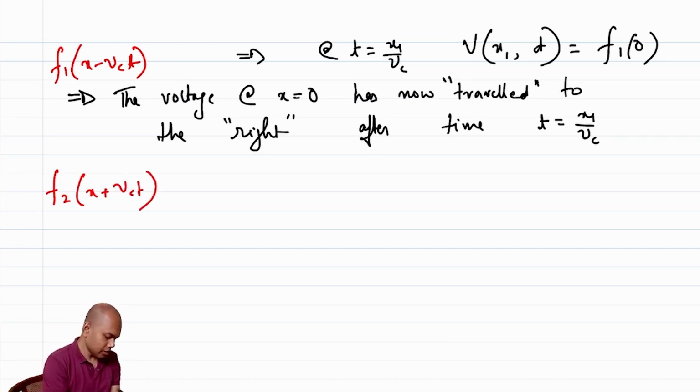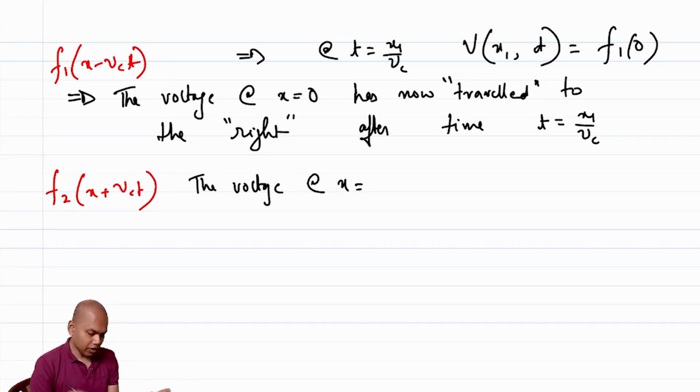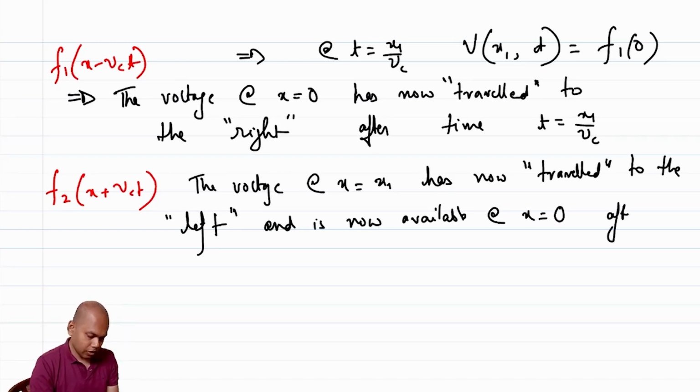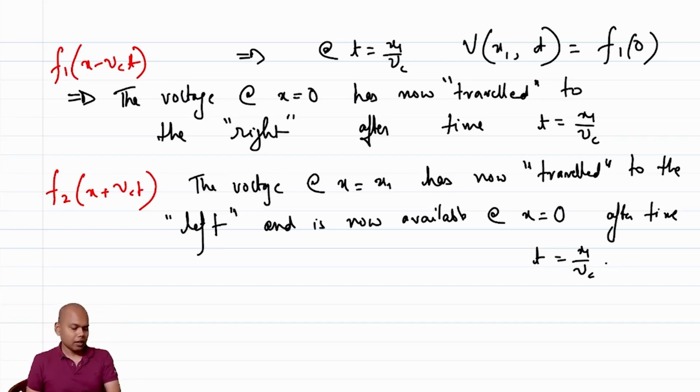It implies that whatever the voltage at, let's say, x equal to x1 has now traveled to the left and is now available at x equal to 0 after time t equal to x1 by vc, right?